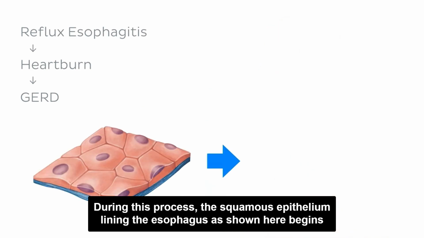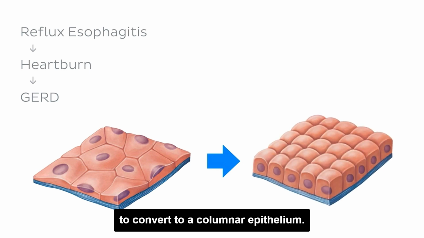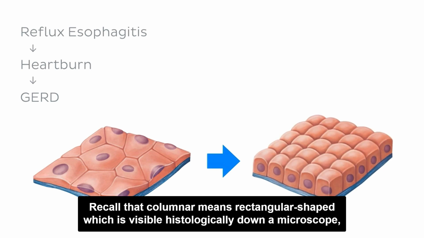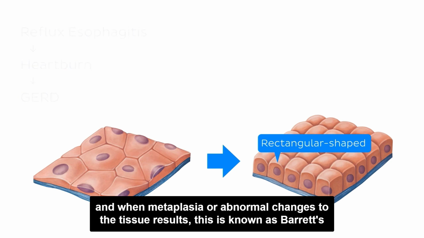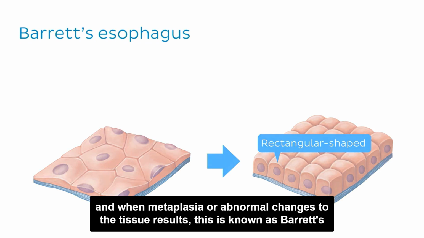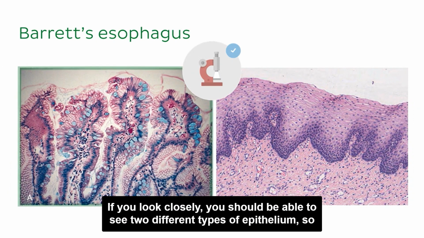During this process, the squamous epithelium lining the esophagus, as shown here, begins to convert to a columnar epithelium. Recall that columnar means rectangular shaped, which is visible histologically down a microscope. And when metaplasia or abnormal changes to the tissue results, this is known as Barrett's esophagus.